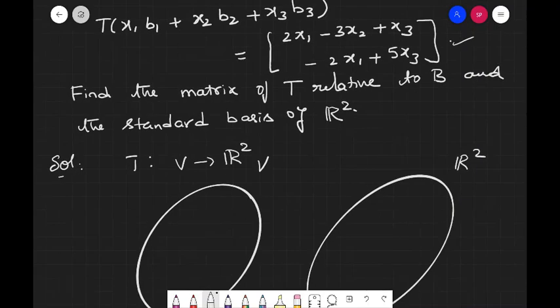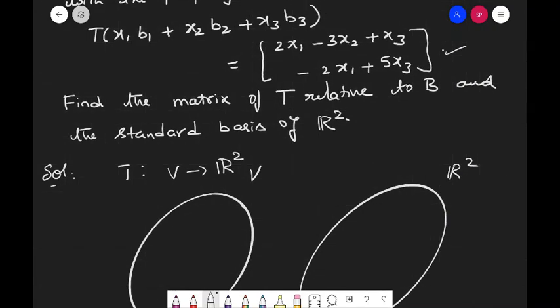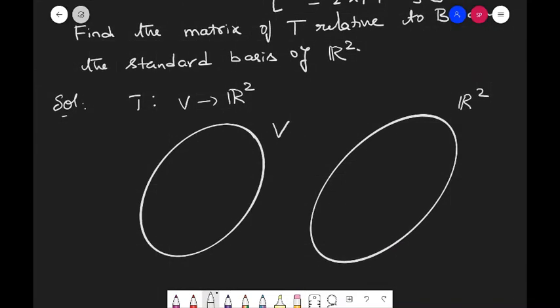Then to find the matrix of T relative to the given basis, we need to know the basis for both the vector spaces, domain and range. So they have given relative to B and the standard basis of R2. So B is the basis for V.